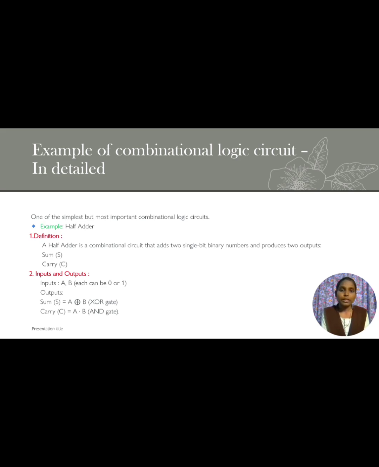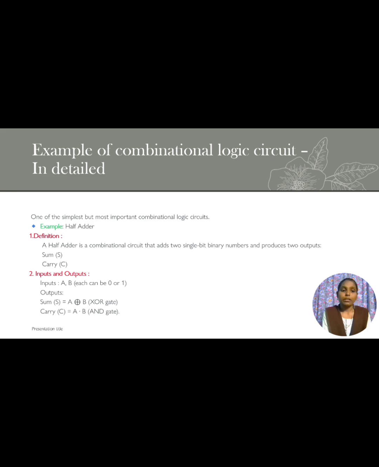Now we can discuss an example of a combinational logic circuit in detail. One of the simplest but most important combinational logic circuits is the half adder. The half adder is the best and simplest example of combinational logic circuits, and it is one of the most important examples.